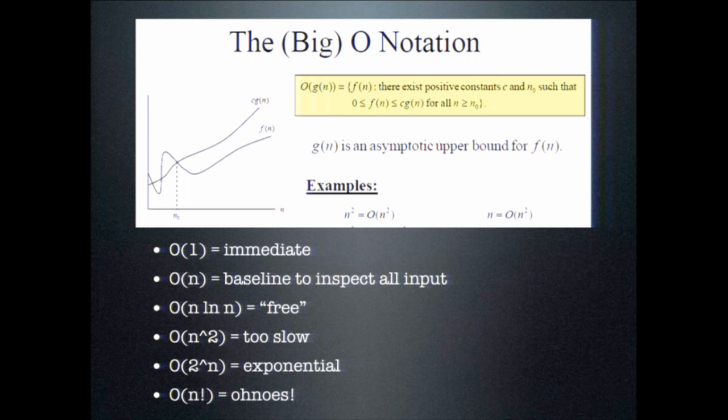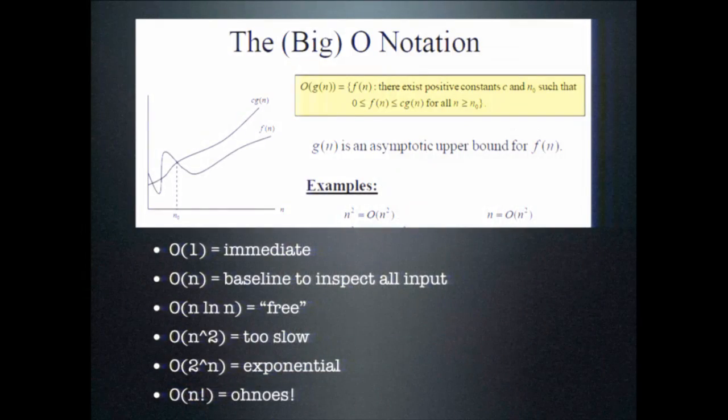Order of n is the baseline, just to inspect all of your input. Order of n log n: if you're designing an algorithm, this is a beautiful spot to be. It's basically the free position. Once you're in n log n, you can sort your input for free-ish.